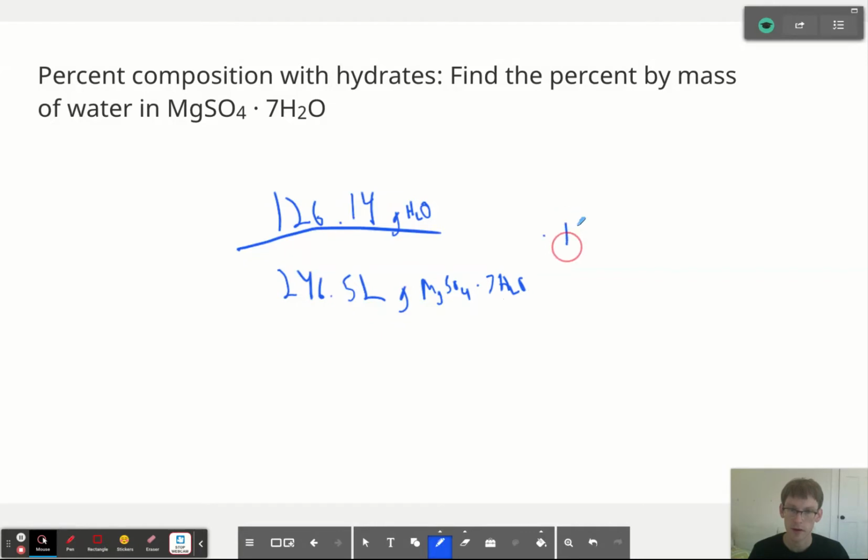I'll multiply this by 100%, and I end up with 51.12% water by mass. So that's it: formula mass and percent composition, including hydrates.